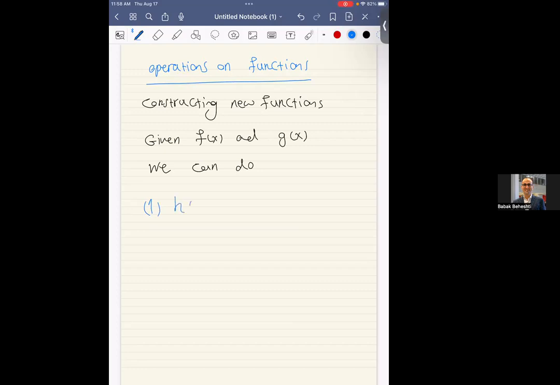You can define the new function h of x, which is f of x plus g of x. Or you can subtract. You can multiply. And you can divide.